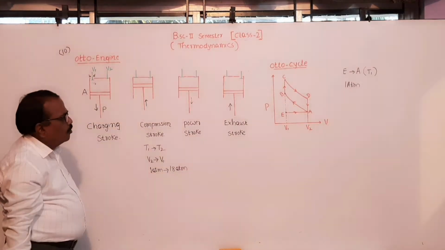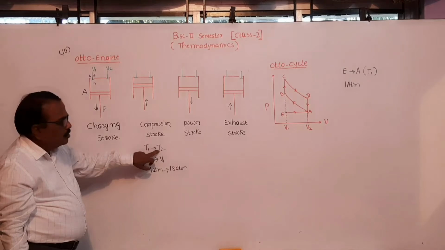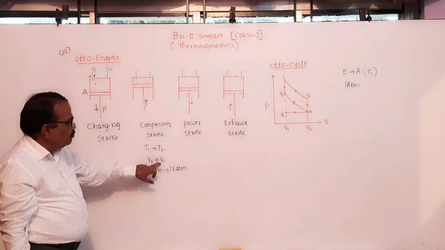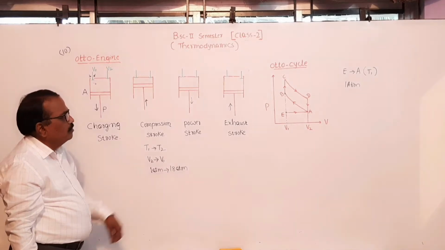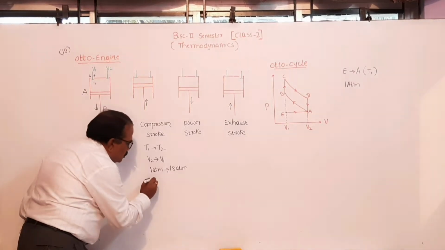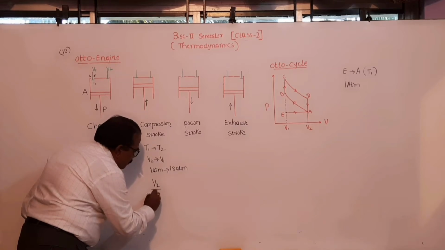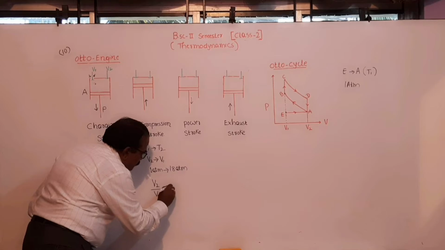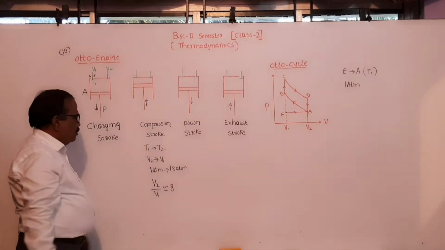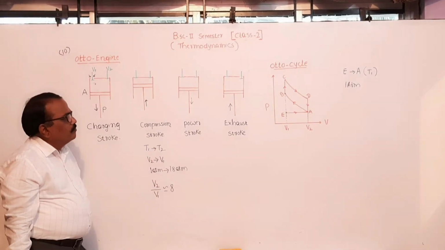So at point B, T2 is the temperature, V1 is the volume, and the pressure is 18 atmospheric pressure. This change in volume is in the ratio V2 upon V1, nearly 8.